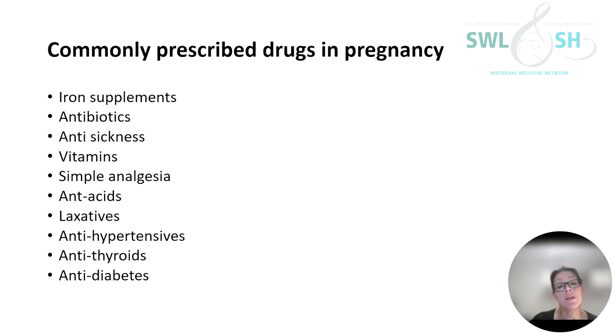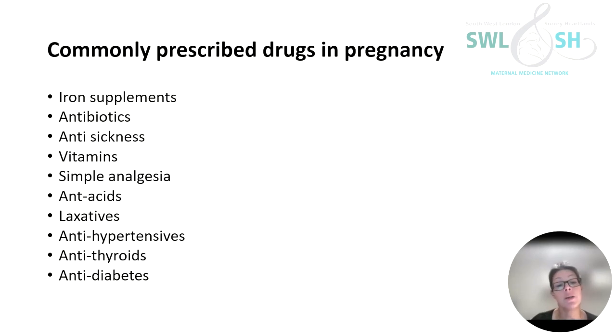So iron supplement is very commonly prescribed, and notoriously it interacts with a lot of other medication, and notoriously it's really poor with its absorption. We may prescribe antibiotics for intercurrent illness with urinary tract infection or upper respiratory tract infection or ear infection, anti-sickness, particularly in the beginning of the pregnancy with morning sickness.